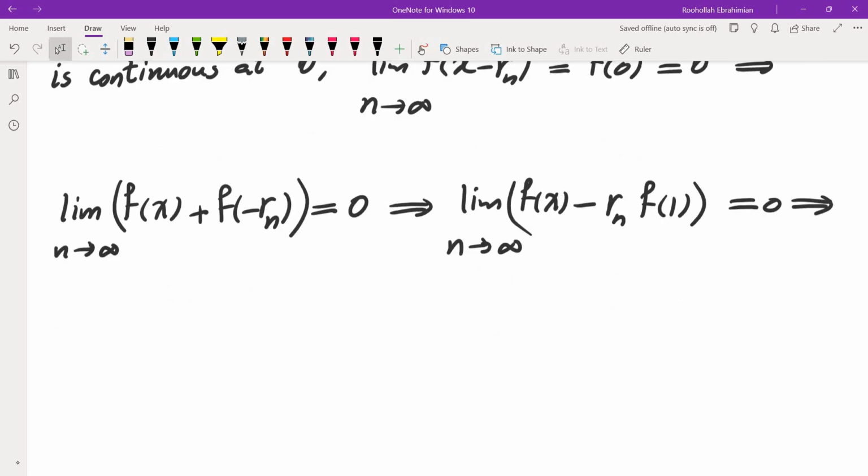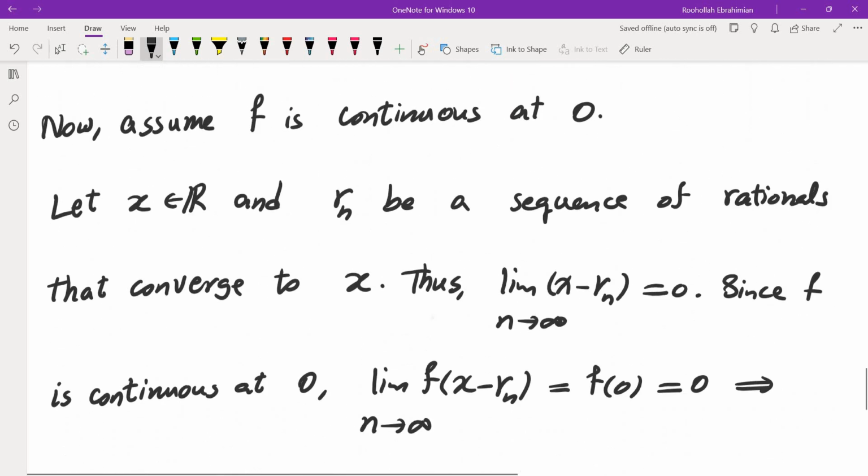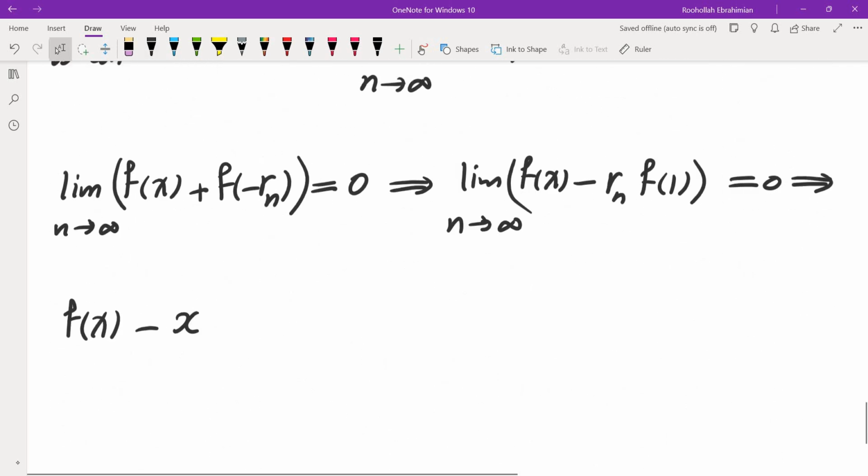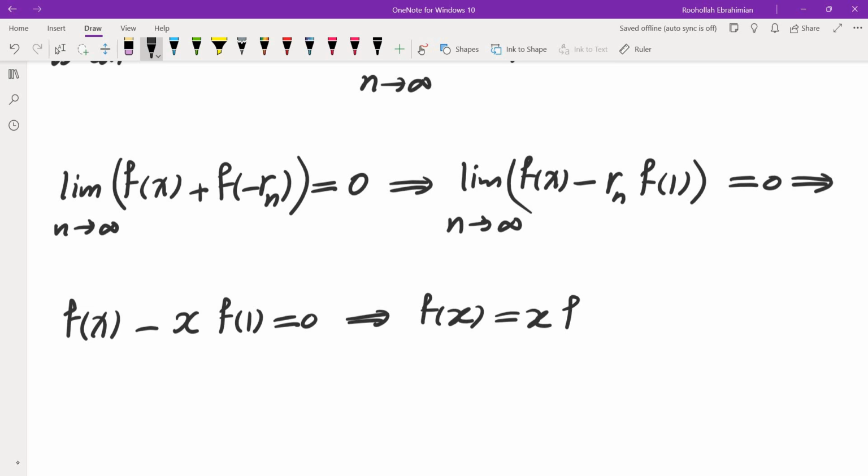If we take the limit, f of x is just f of x, because that doesn't depend on n. Limit of Rn is x because we chose Rn in a way that it converges to x, and of course f of 1 is a constant, and that means f of x is x f of 1, which completes the proof of the Cauchy functional equation.